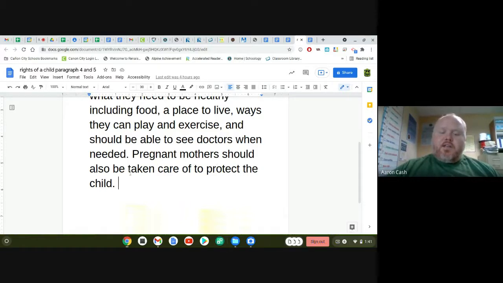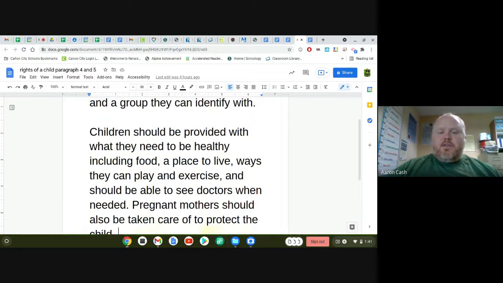Okay, so we need to take care of pregnant mothers, and then also, when they're done being pregnant, we still need to take care of those mothers because those mothers need to be able to take care of the child. So, in our societies, it's important that we put care and consideration into making sure that children are going to have all these essentials and that moms are also going to be taken care of so they can then in turn take care of babies.